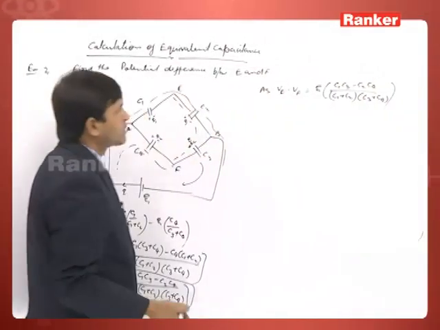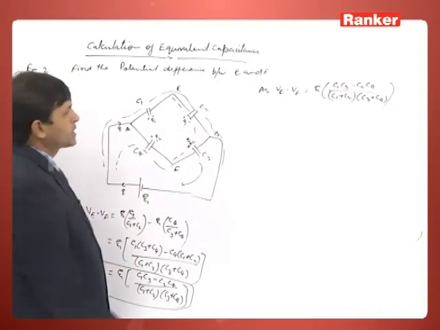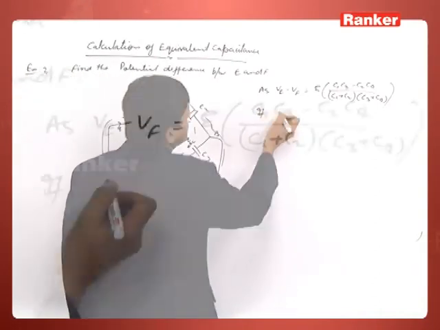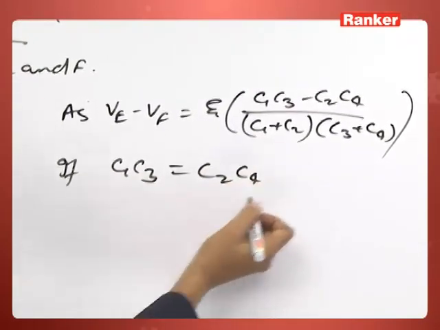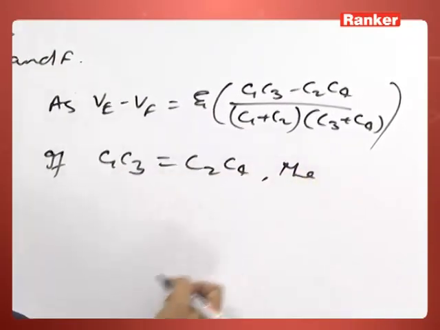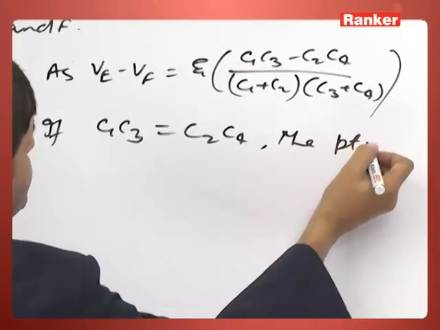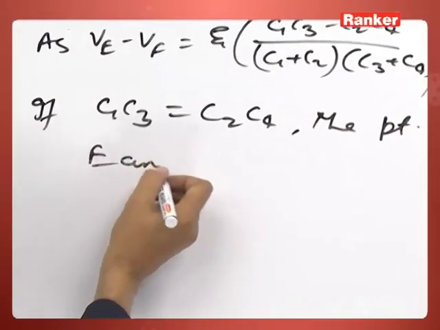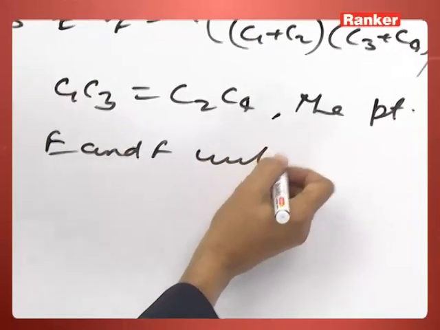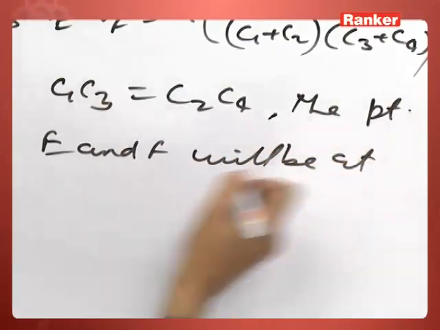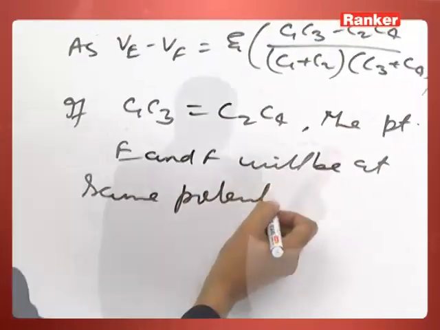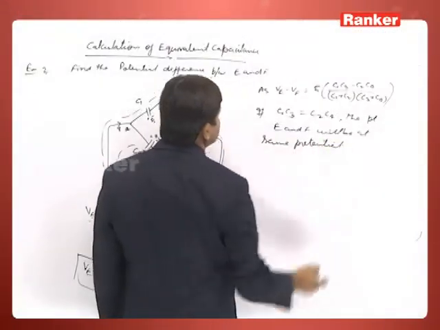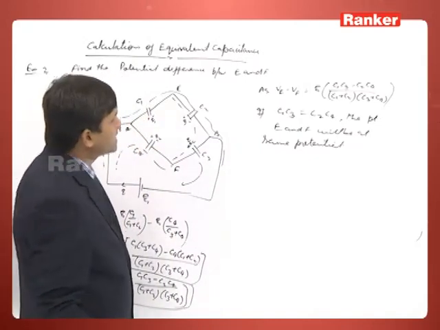From this we can conclude. What can we conclude? If C1 C3 is equal to C2 C4, then point E and F will be at same potential, and this is called your Wheatstone bridge condition.